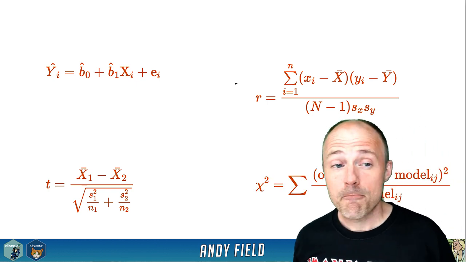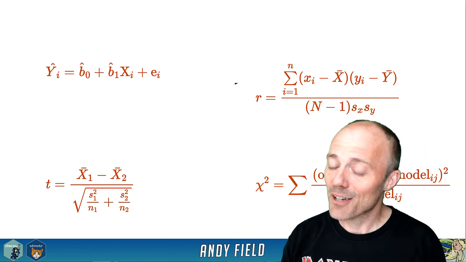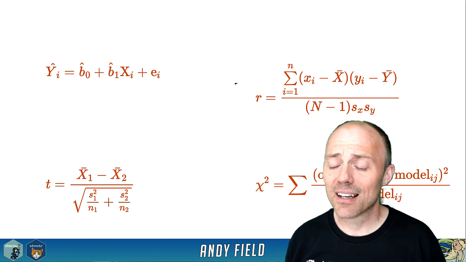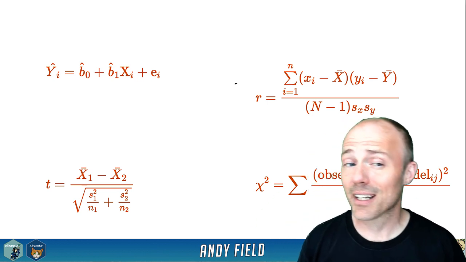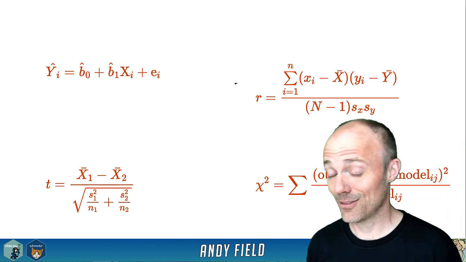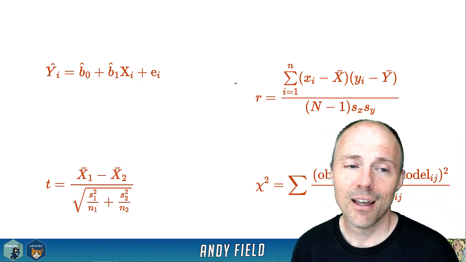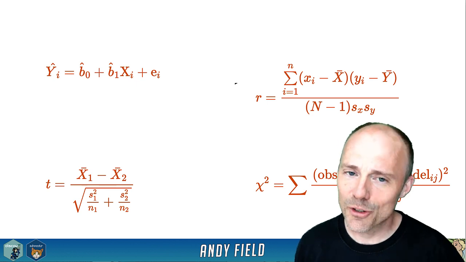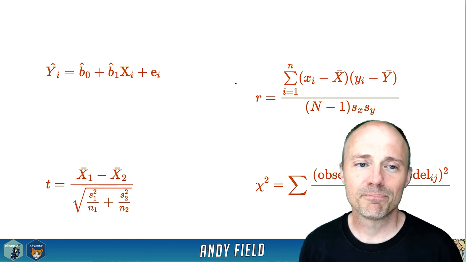But actually, there's a set of key concepts, and if you understand those key concepts, a lot of the peripheral stuff you can get away with not knowing to some extent, or at least get to know it when you've got the foundations in place.